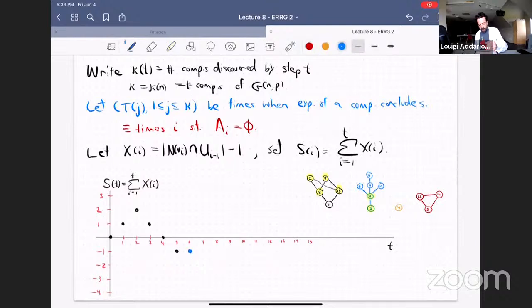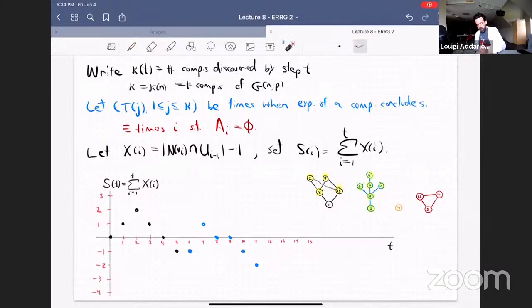Then we discover 3 new vertices, the walk increases by 2. 6 has no new neighbors, so the walk decreases by 1. 9 has 1 new neighbor, 15, so the walk stays stationary. Then 15 and 10 each have no new neighbors, so the walk decreases by 1 twice in a row. Now we've completed the exploration of the second component.